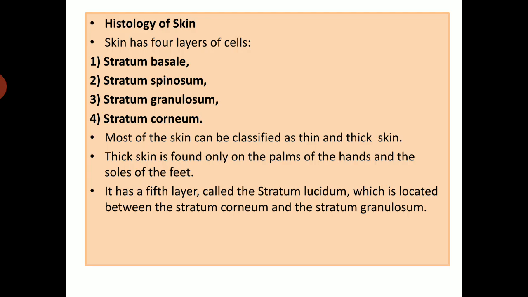The skin, if you see the histology, has four layers of cells. It is referred to as thin skin. The entire body of any mammal is made up of thin skin.